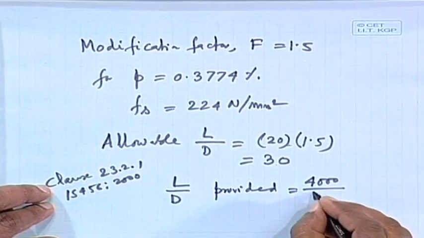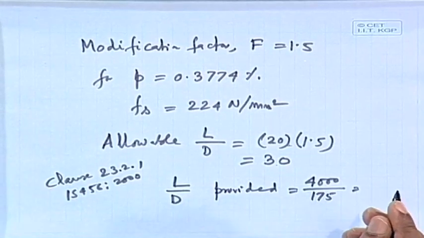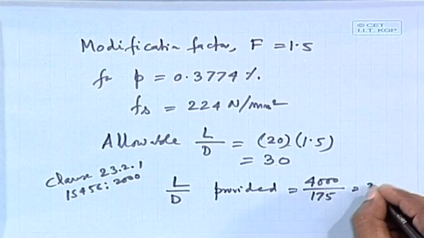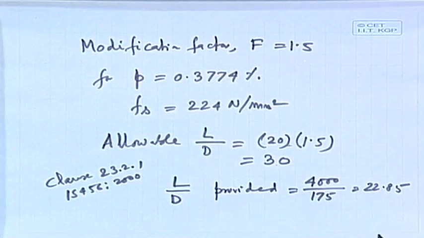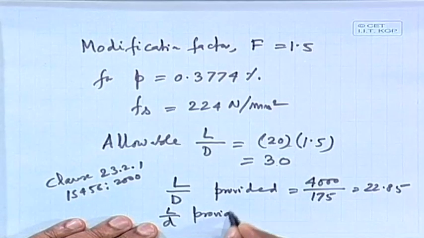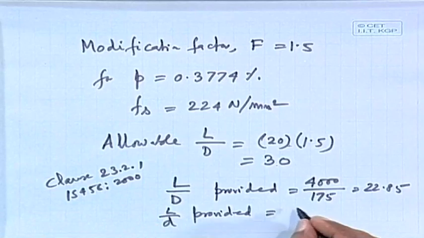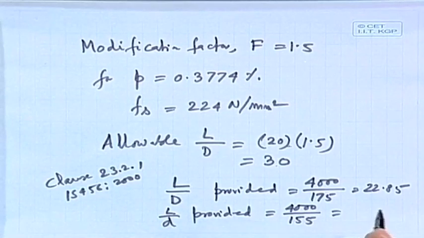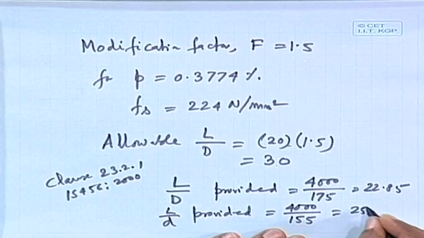So, 4000 by 175, which is coming as very less, 22.85, whereas if I say L by D with 155, which is coming as 25.80.